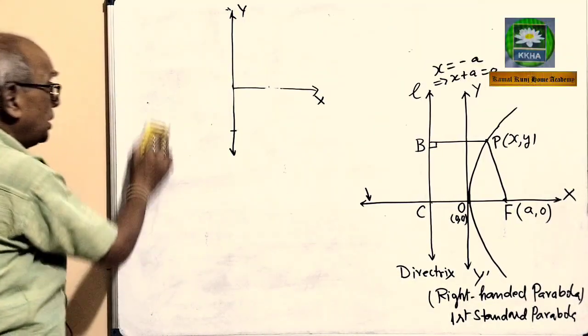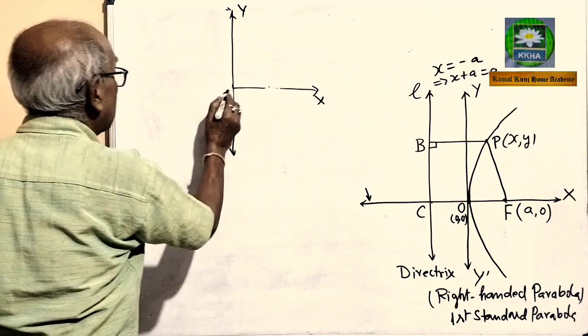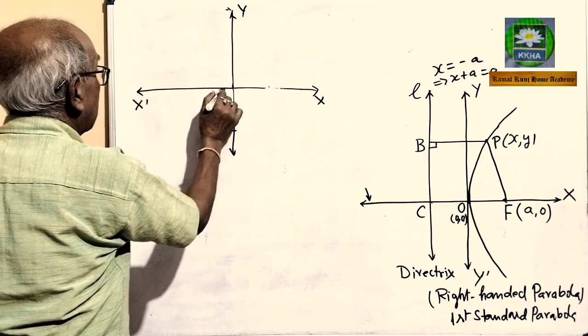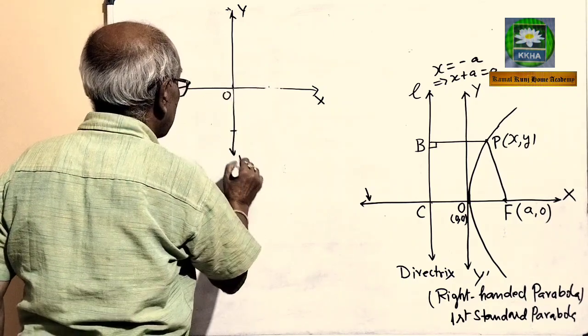So these are the coordinate axes x dash O x and y dash y O y dash.